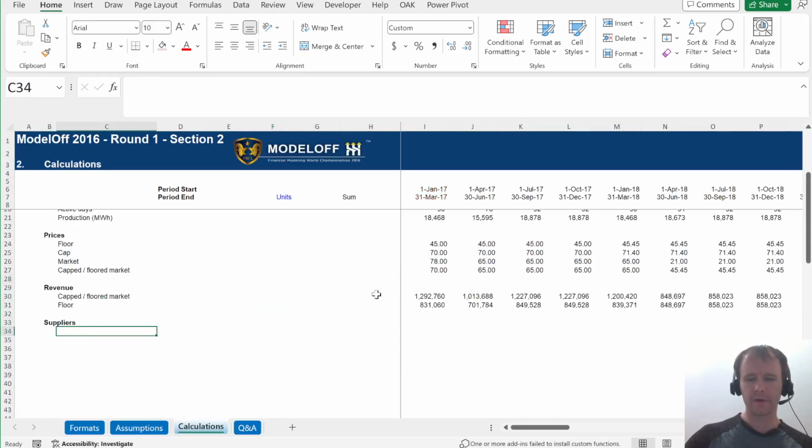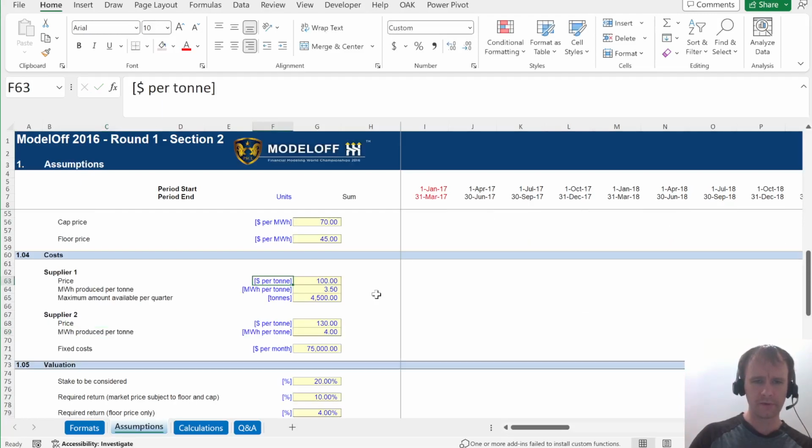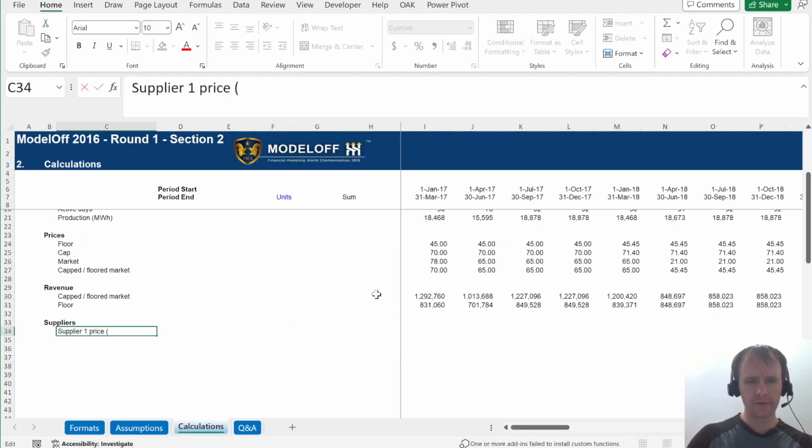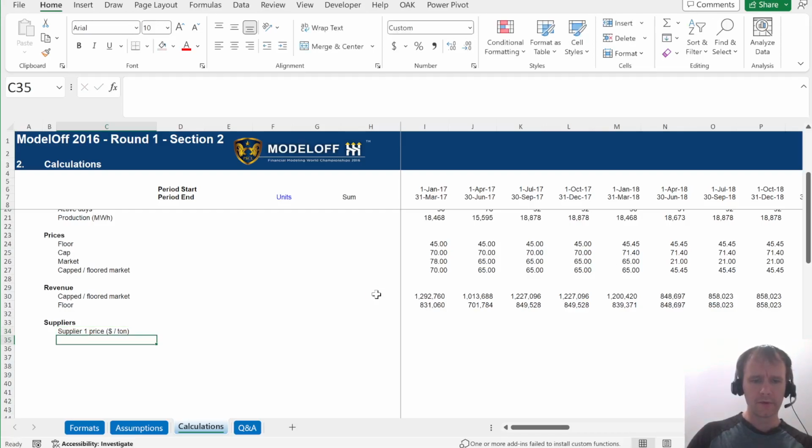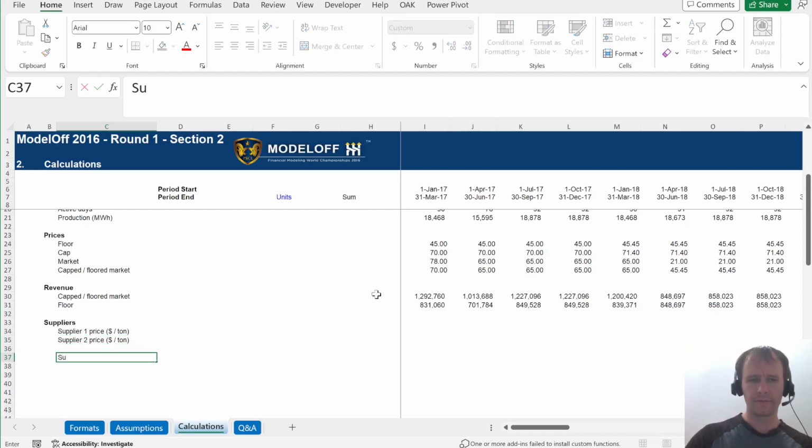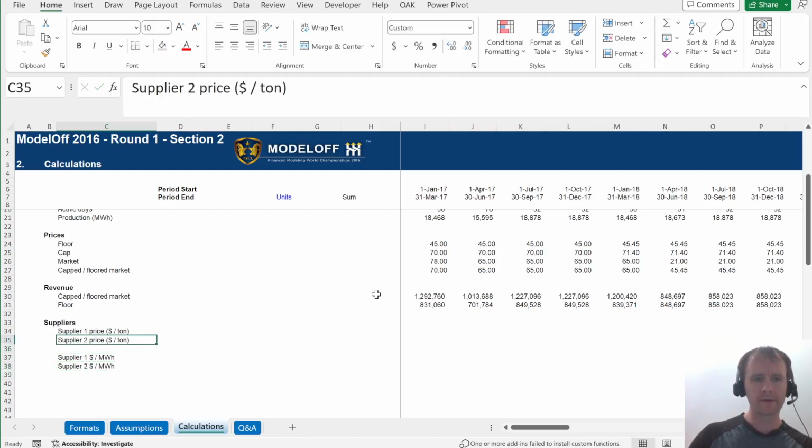So let's say supplier 1 price. That's, what is it, dollars per ton. And same thing for supplier 2. And then supplier 1, dollars per megawatt hour. And same thing for supplier 2, because that's the thing I want to compare.